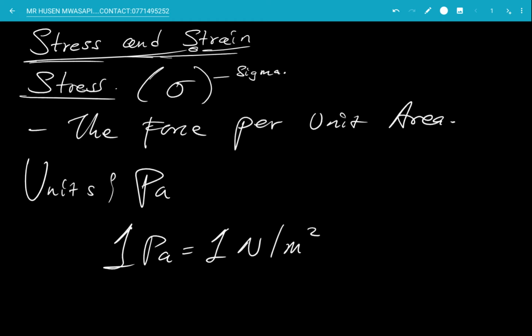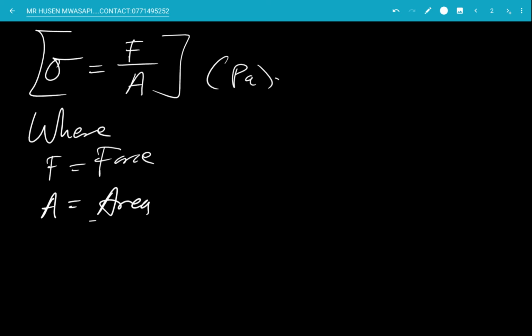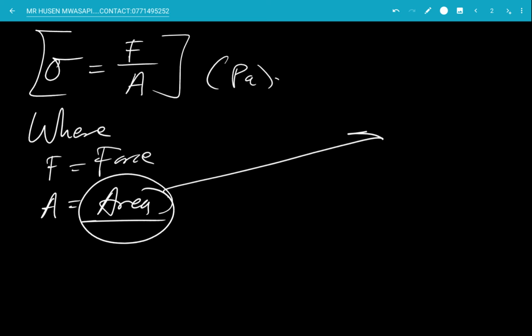Alright, let's shed more light. So, stress is the force per unit area. Units: pascals. So in our formula, we know that F is force and A is area. Now, one thing you need to know about this area is that it entirely depends on what you're being asked to find.